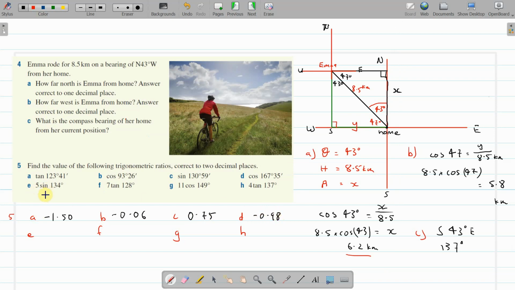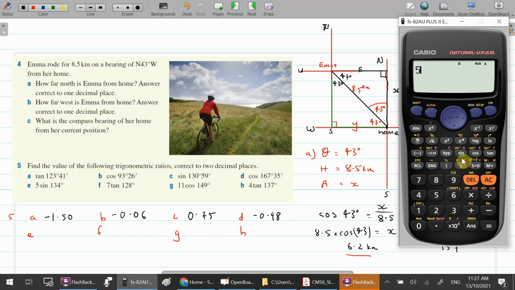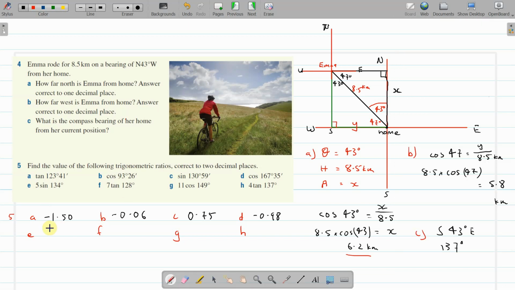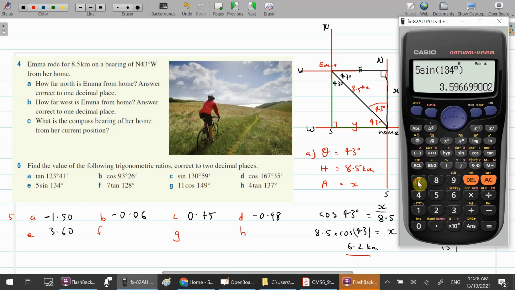Okay, 5 sine 134. I can put in the degrees if you like. 3.5, 3.60. 7 sine 128.